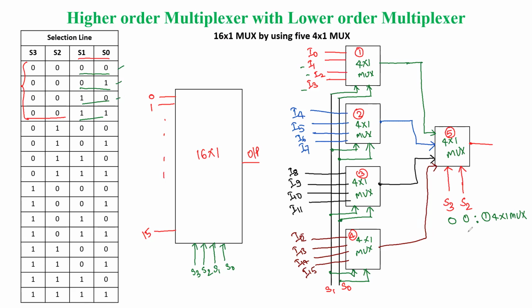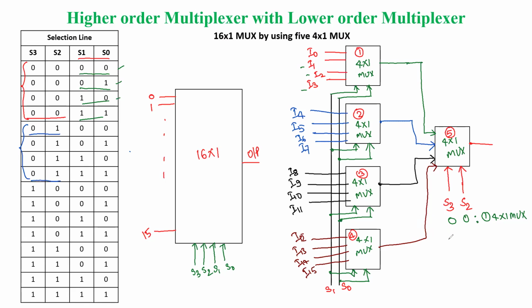S3 are 0. Now, the second combination: for the next 4, the S2 and S3 combination is 0, 1.